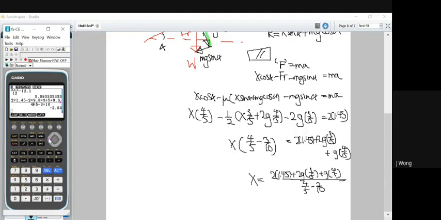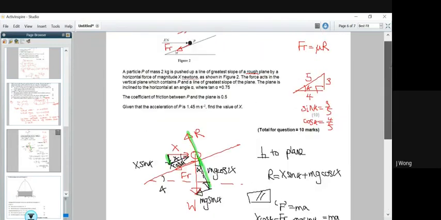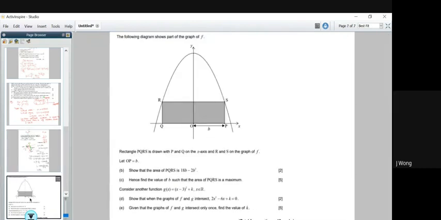So let's do that. We'll have a fraction: 2 times 1.45, take away 2 times 9.8 times 3 divided by 5, plus 9.8 times 4/5. And then we have 4/5 minus 3/10.